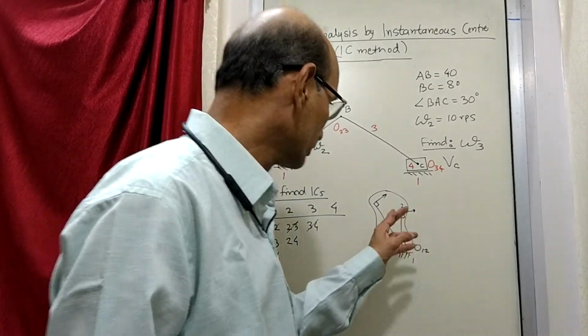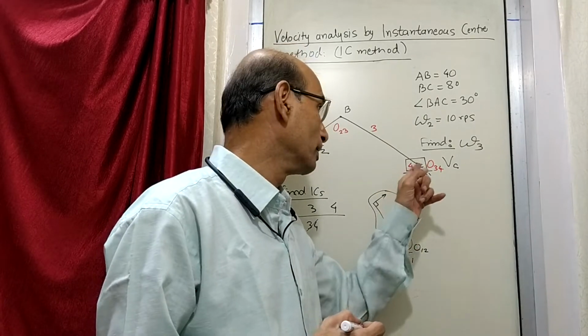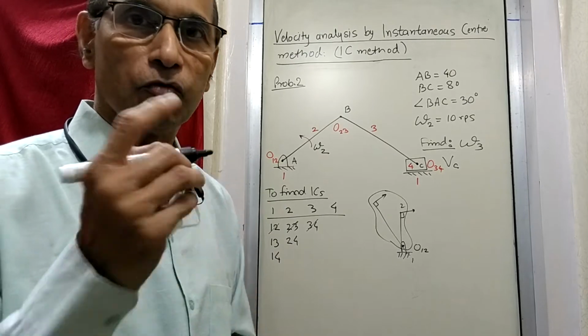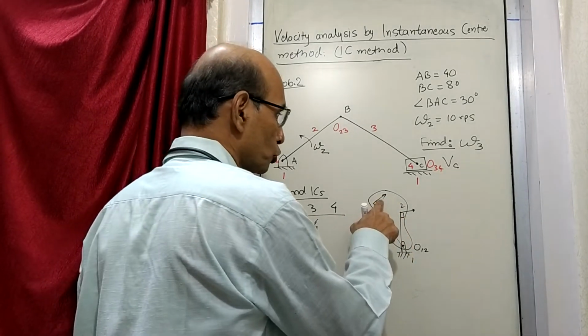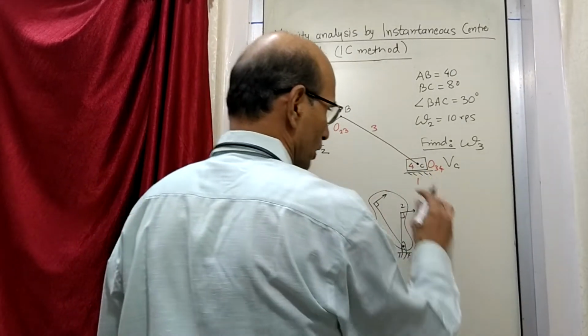Now can you make use of this principle, this method, to find out where IC 14 is? What will you have to do for that? You will have to show the velocities of two such points. So I just draw this figure here.